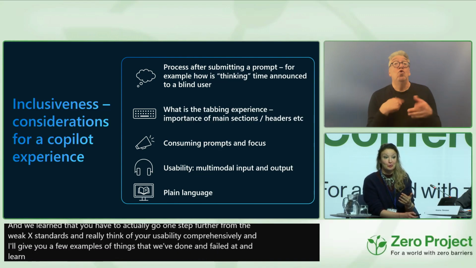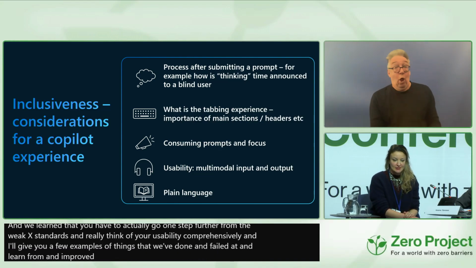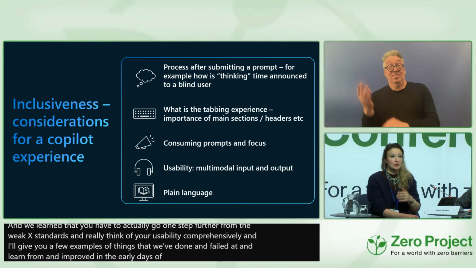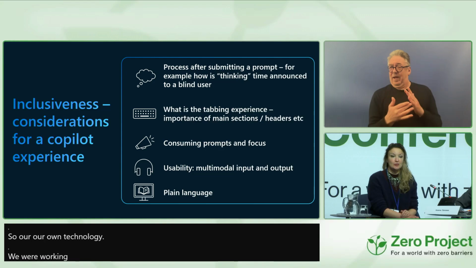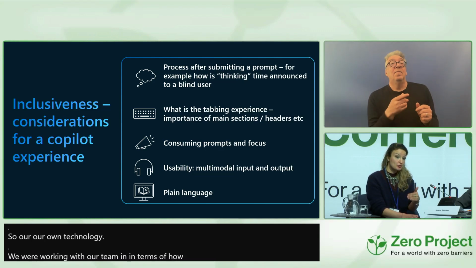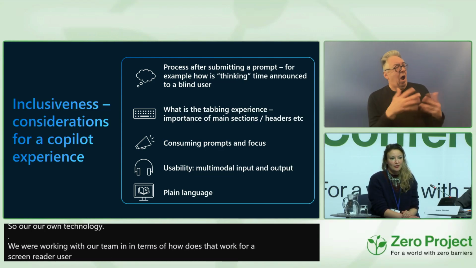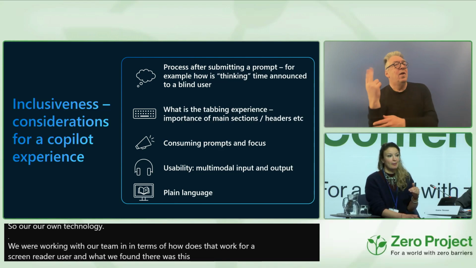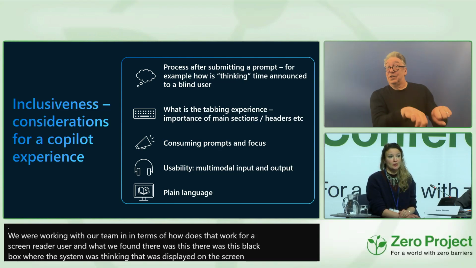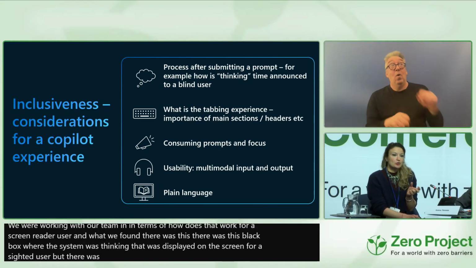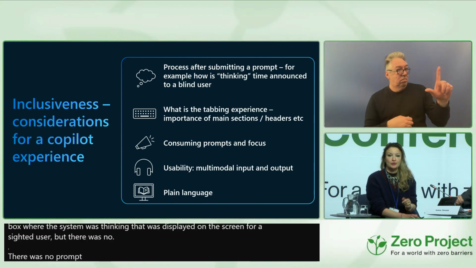In the early days of Copilot, our own technology, we were working with our team on how it works for a screen reader user. What we found was there was this black box, where the system was thinking, displayed on the screen for a sighted user, but there was no prompt or cue for somebody who was blind.